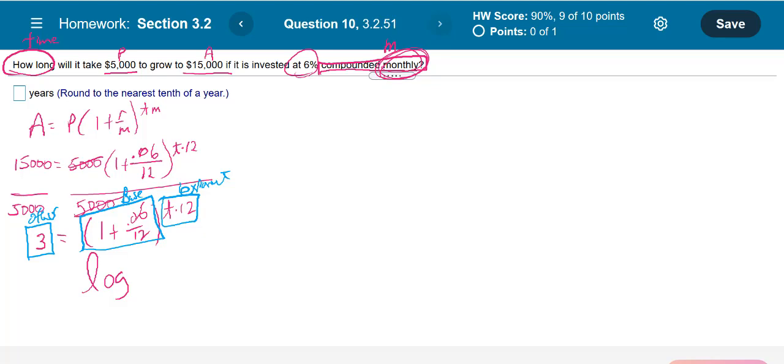So we convert to logarithms. The base is the 1 plus 0.06 over 12. Logarithm is exponent. The other number is the 3. Now, we need to do this calculation on our TI calculator. So I'm going to take out my TI calculator.